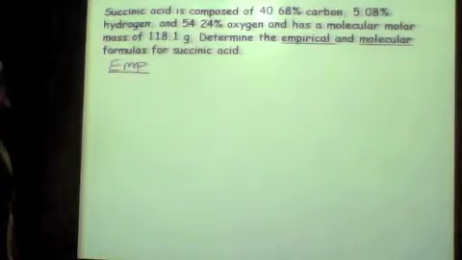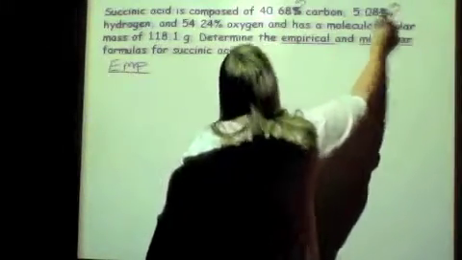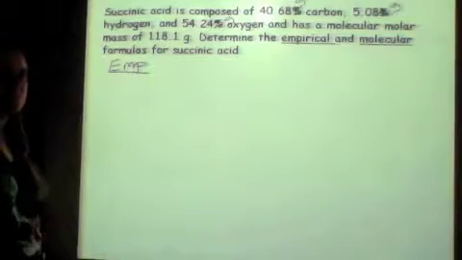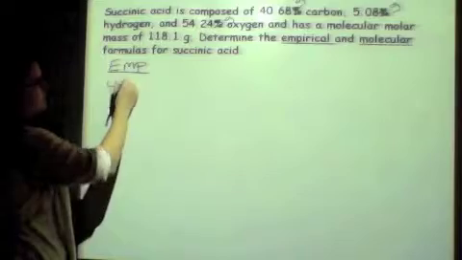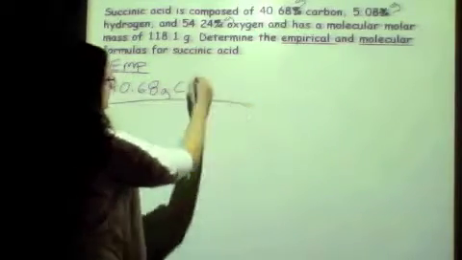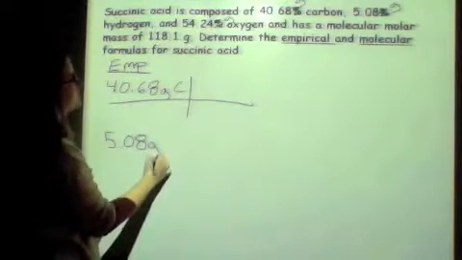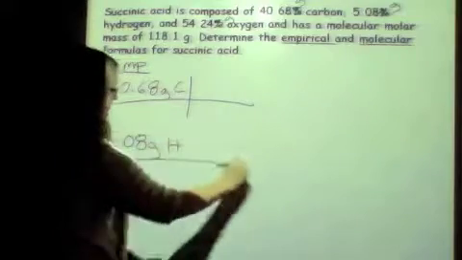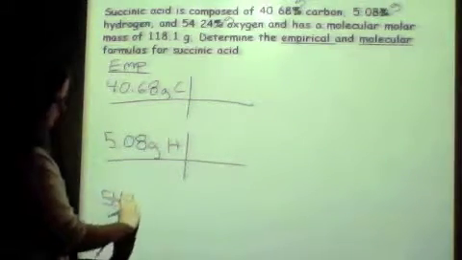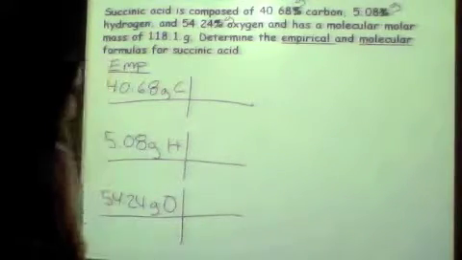So we just roll through the steps. Percent to mass, which means you just change these to grams. And now mass to moles. So 40.68 grams of carbon, convert. 5.08 grams of hydrogen, convert. 5.424 grams of oxygen, convert.